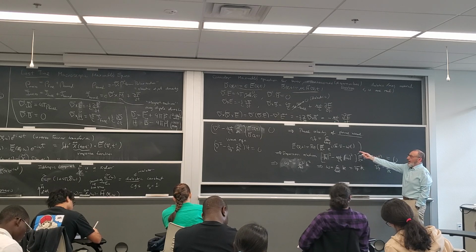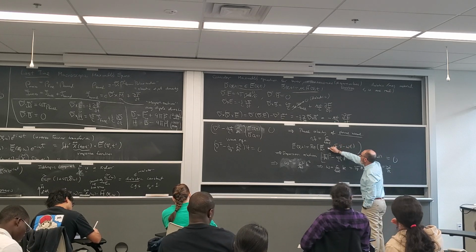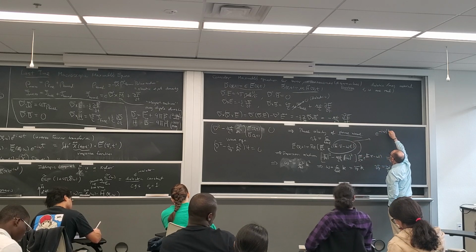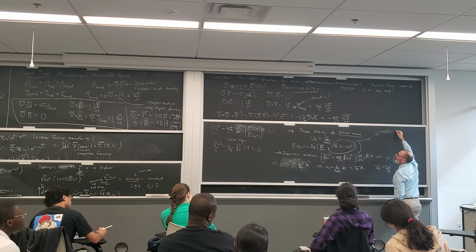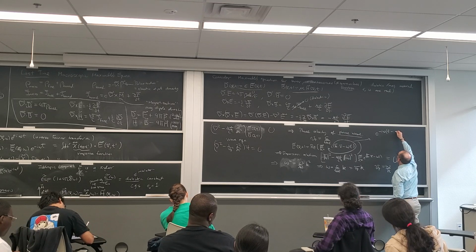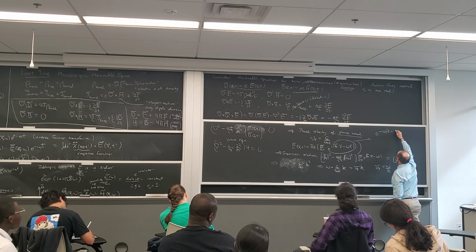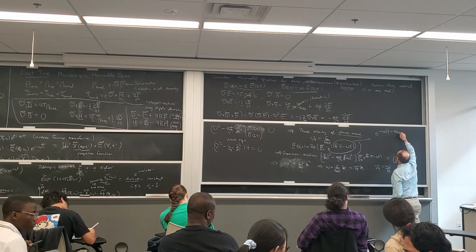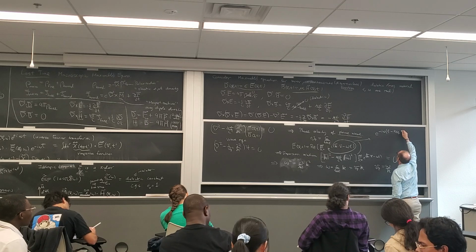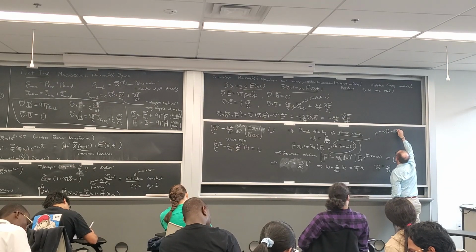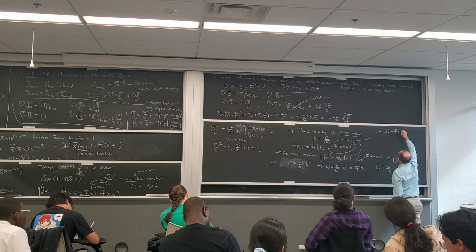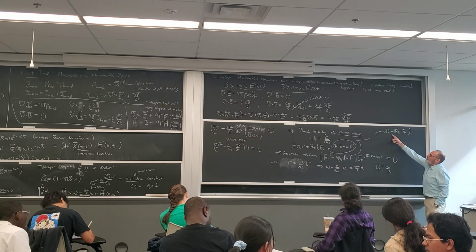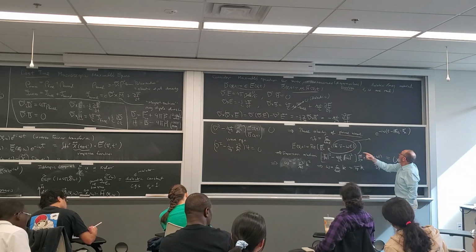We can see that because if we rewrite this guy as e to the minus i omega t minus, we have this is equal to the retarded time, right?